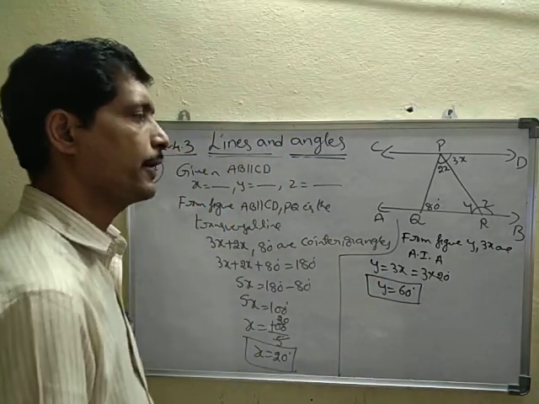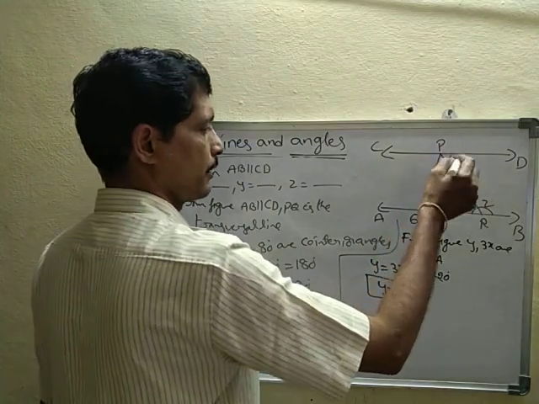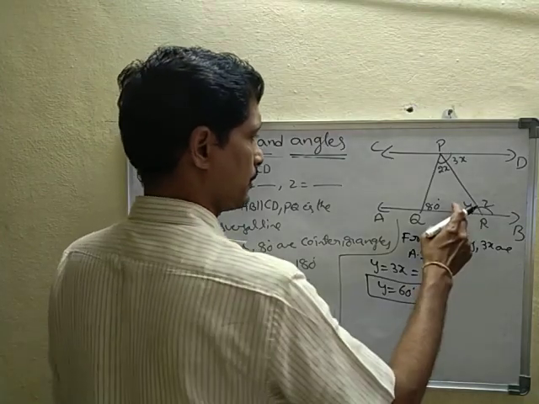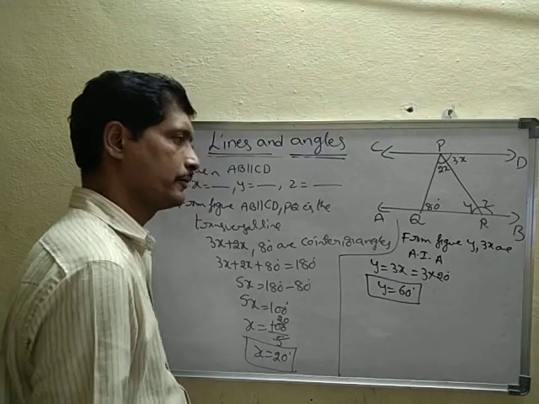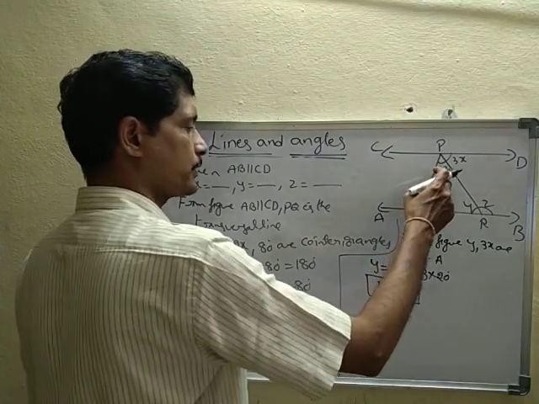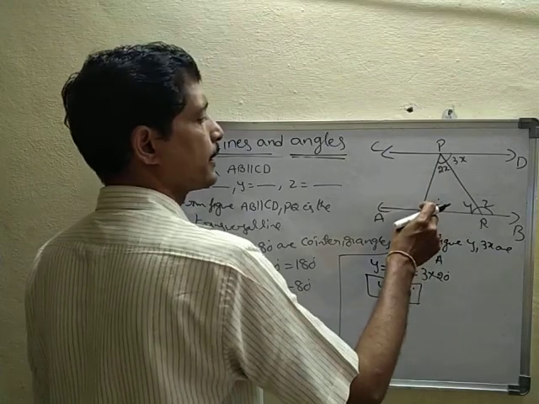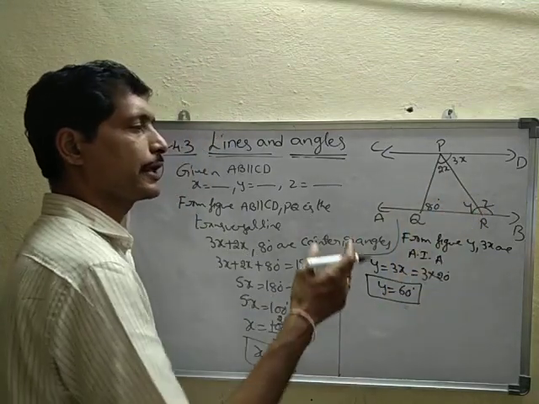Okay, next one is here. Next z. Y equals 60, now find the z value. Therefore here 2x equals 2 into 20, which is 40. Therefore z equals 120, z is the exterior angle.